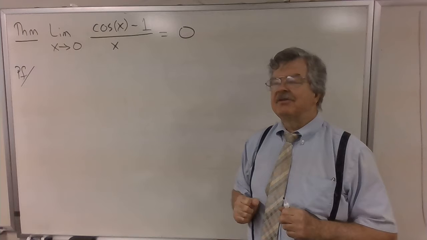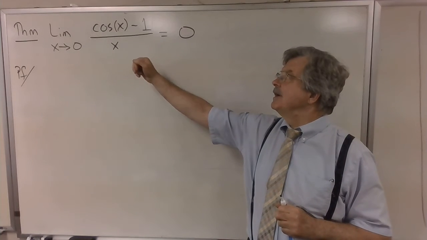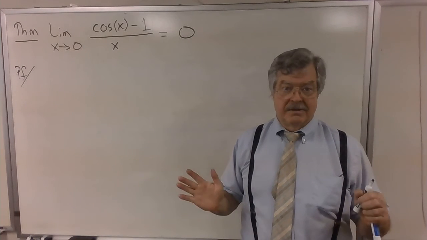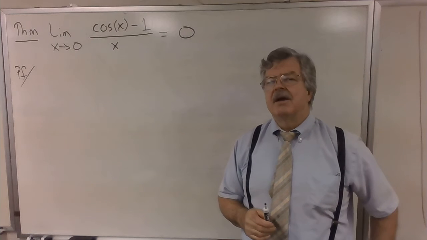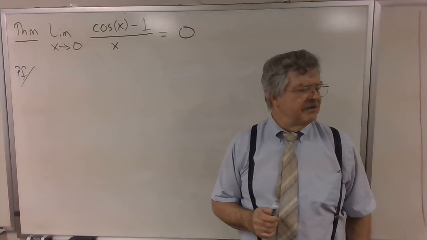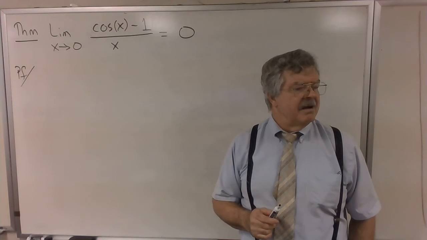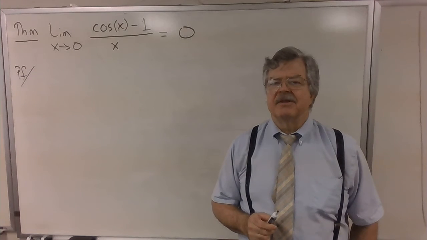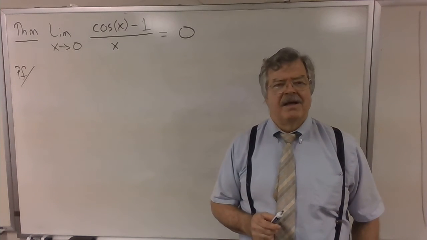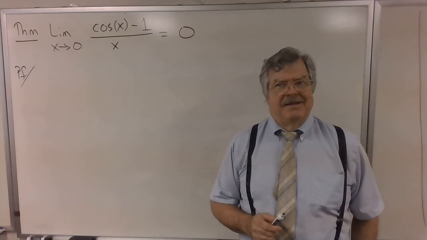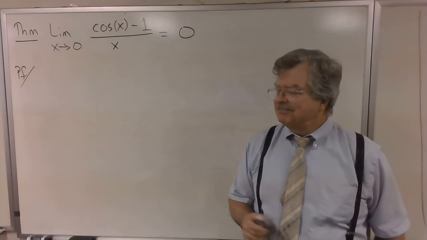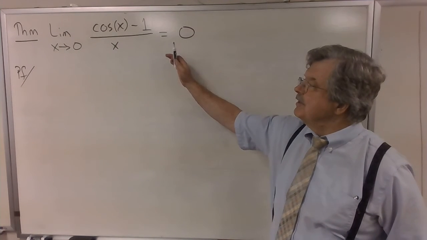As x goes to 0, cosine of x minus 1 over x goes to 0. We should know those two limits, and if we do know them, people will be pretty impressed with us. If we don't know them, they may wonder about us. So we should know these limits.